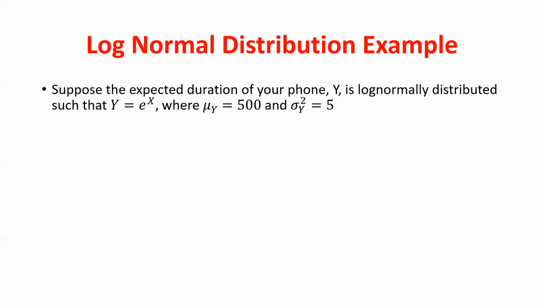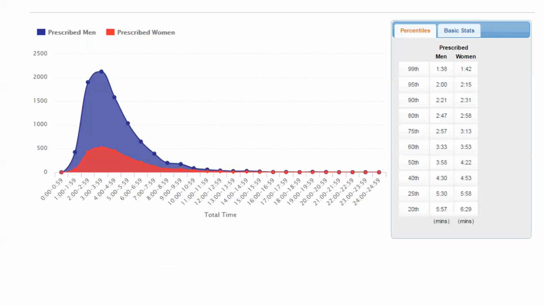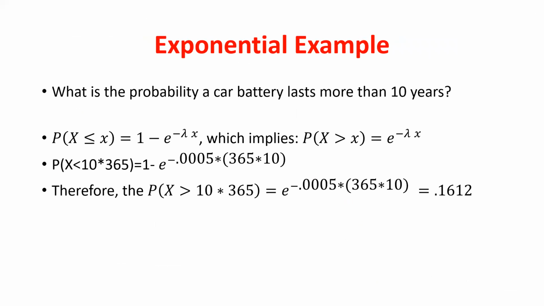So I use these examples for a reason. The duration on your phone, and honestly, even an exponential for a car battery, it probably would be a little bit closer to log normal, would be my guess. I don't know enough about car batteries to know if that's the case. But usually it's things where, think about the battery life on a phone, it rarely ever just stops working 20 minutes into when you use it, right?